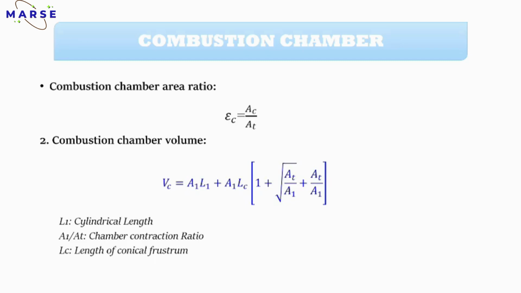A1 by At indicates the chamber contraction ratio, the initial area divided by throat area. Lc means the length of that conical frustum. So these are some parameters you have to know for calculating the combustion chamber.